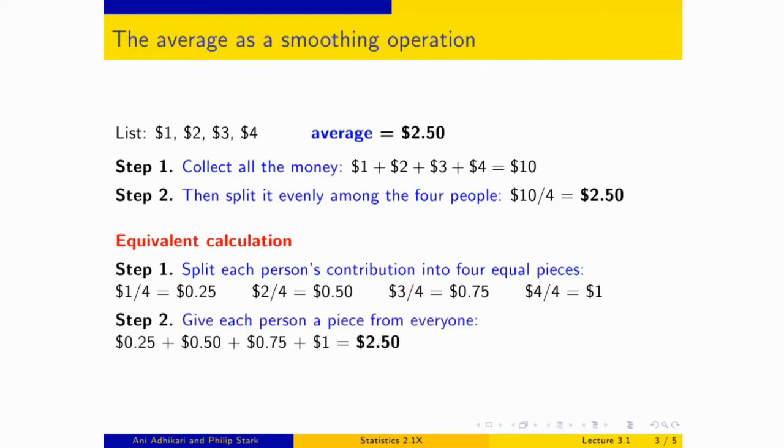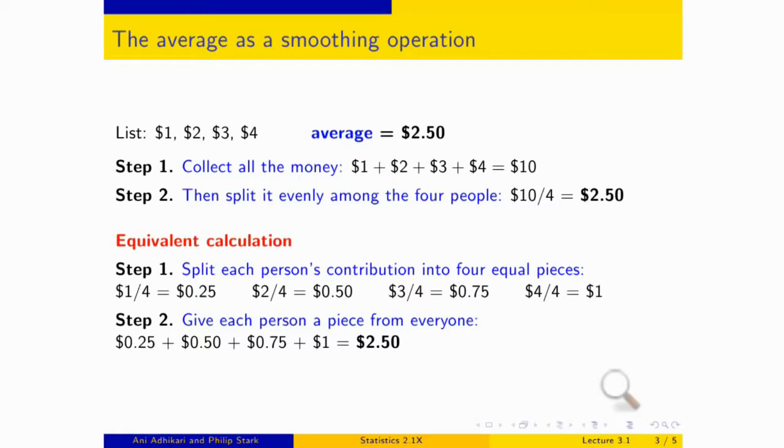And in your next step, you give each person one of these pieces from everyone. So each person gets one of this person's quarters, one of this person's 50 cents, one of this person's 75 cents, and one of this person's dollars. And you add them all up and you have $2.50, which is your average.